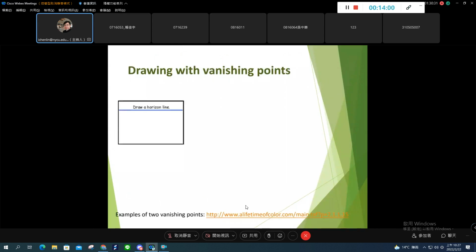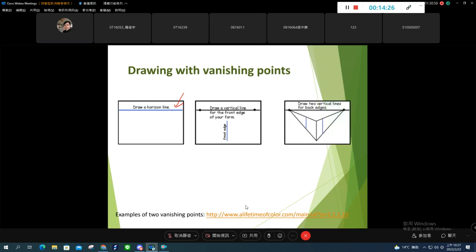And here is just to show you some idea of how painters or artists do that. For instance, if they would like to draw a street view, some city view, perhaps they will first find the horizon line, because everything will vanish to the horizon, right?